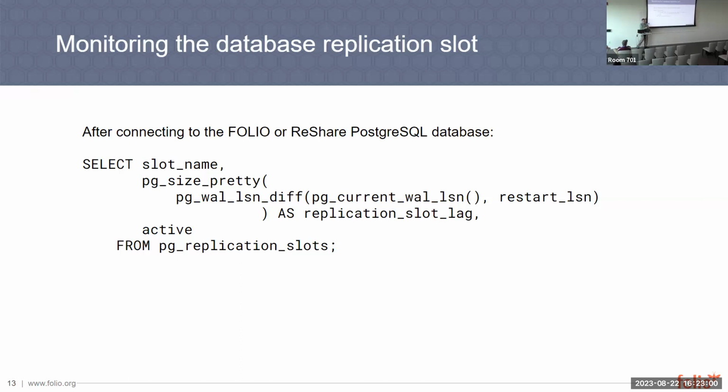Now, because the write-ahead log keeps growing until it's read, if there's some kind of failure at the Debezium level, it can continue to grow and grow. Depending on how much free space you've allocated in Folio or Reshare, it could fill up the disk. So it's very important to monitor what they call replication slot lag.